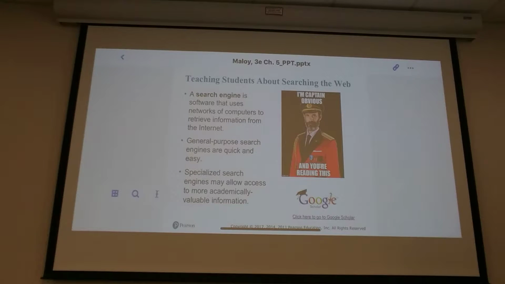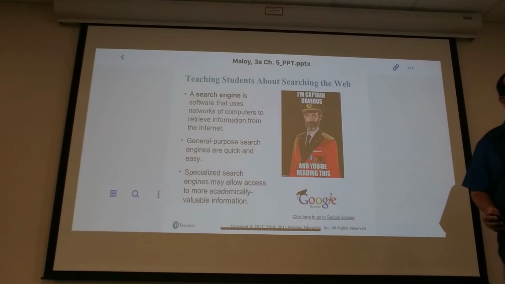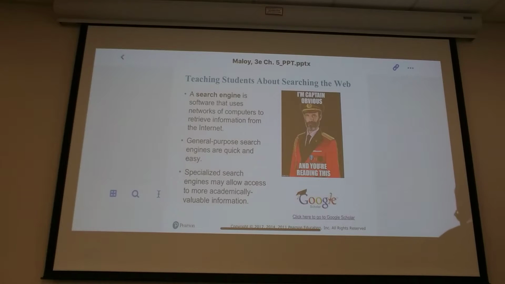But I put this down here. Has anybody heard of Google Scholar? Yes. Anybody use Google Scholar? For those of you that don't know, it's a search engine by Google that only produces peer-reviewed academic material.